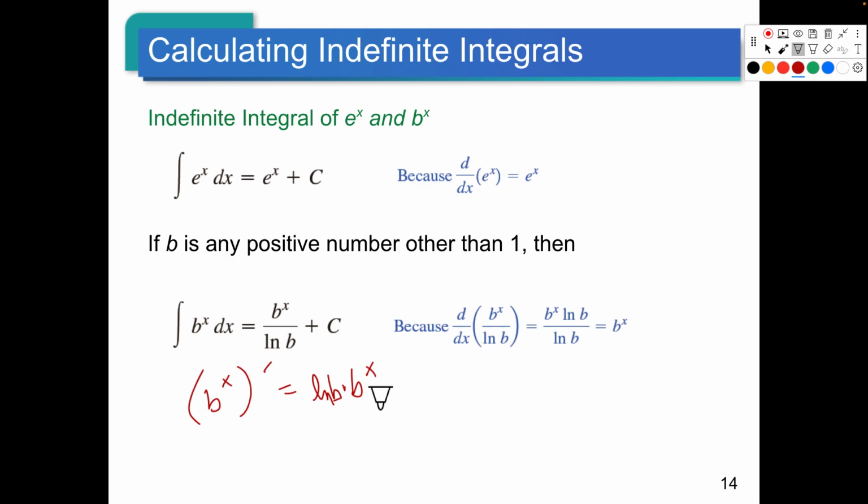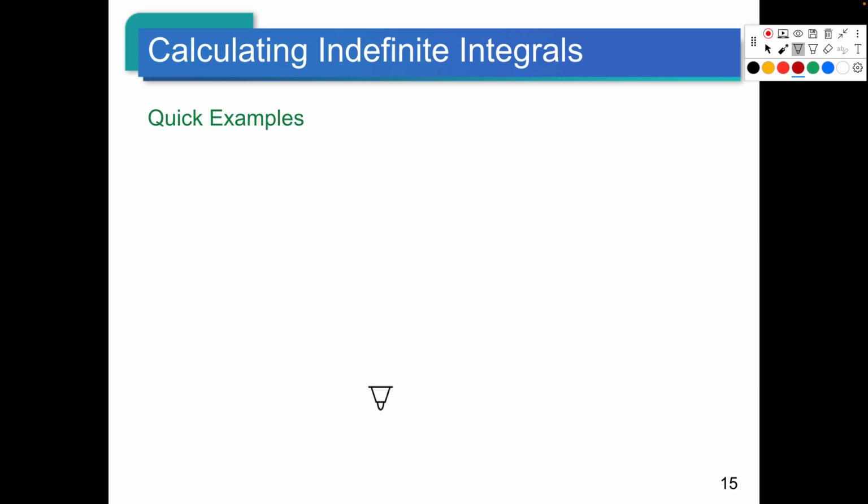We didn't do a lot of those, but that was the definition of anything other than base e. If it was base e, it's the natural log of e, which is 1. So since that happens, we've got to divide by the natural log of b. Okay, so again, just some things we're going to need to put in here.